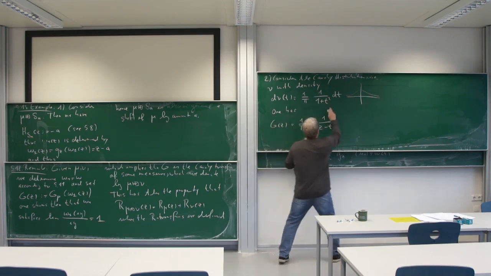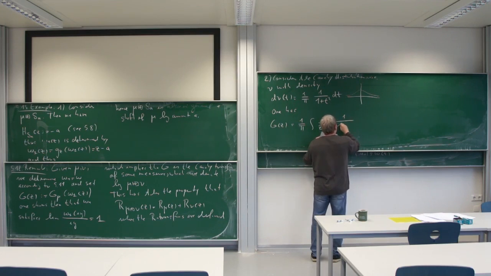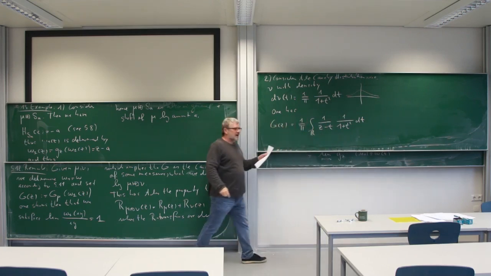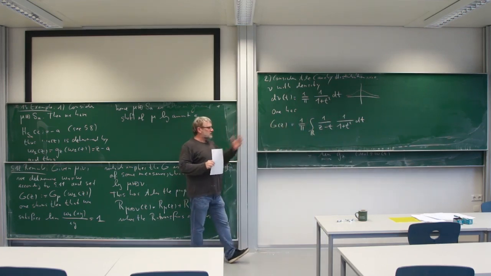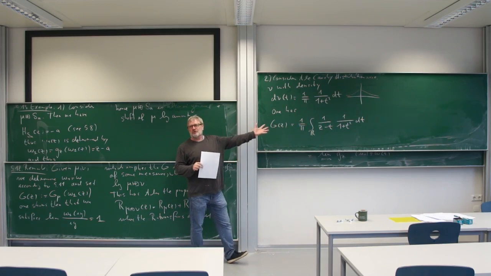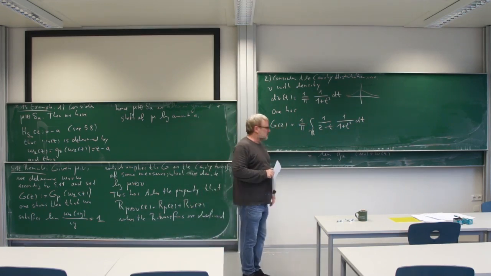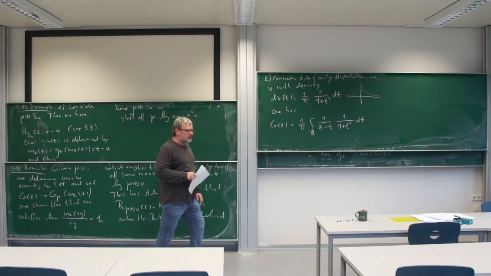So I get 1 over pi, and then 1 over 1 plus t squared dt, integrated over R. And this is an integral which a priori is not so clear. But again, we can use complex methods, the residue theorem, to calculate this.